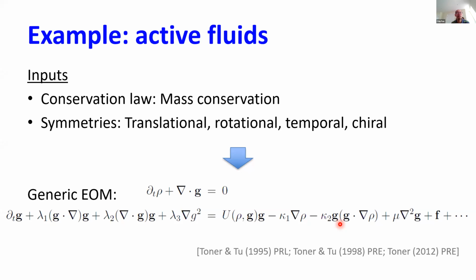In Navier-Stokes equation, we have one more symmetry, Galilean symmetry, and one more conservation law, which is momentum conservation, and that's it. So we delete those two things, and we arrive at active fluids. One particular feature of this active fluid, as I already mentioned at the beginning, is that it can have a collective motion phase. So things in this active fluid can move together.